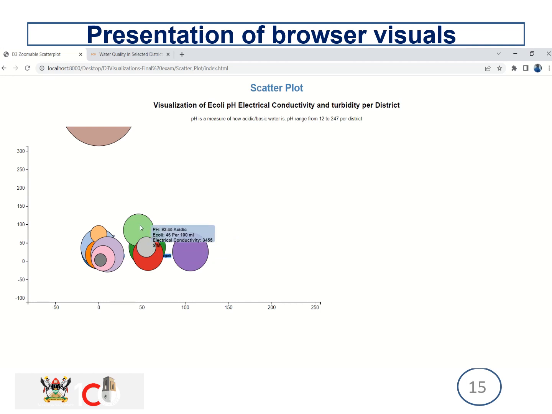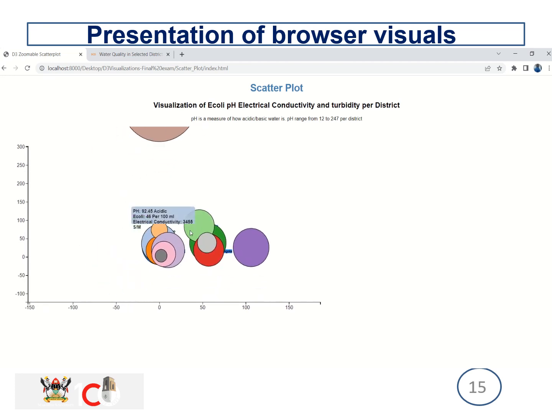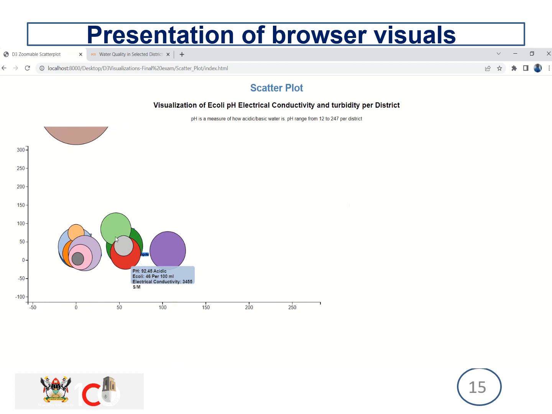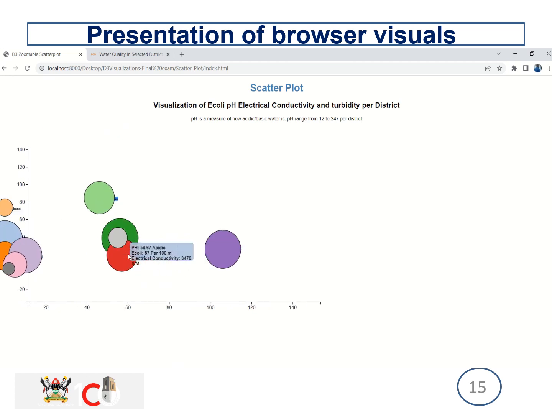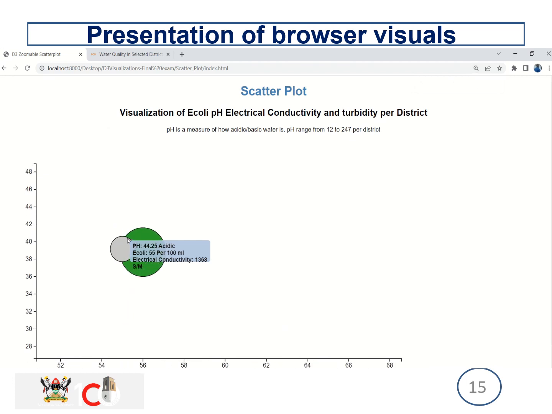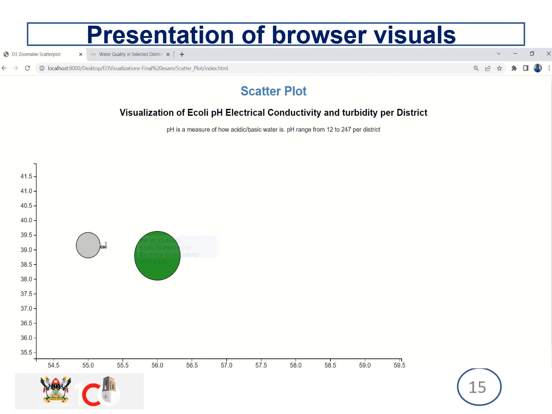Looking at this other district also, we find that it has this pH, the E. coli and the electrical conductivity. This is a zoomable scatter chart, where you can zoom and move around so that you can keep seeing which district you are talking about. Like this is the district of Wakiso.